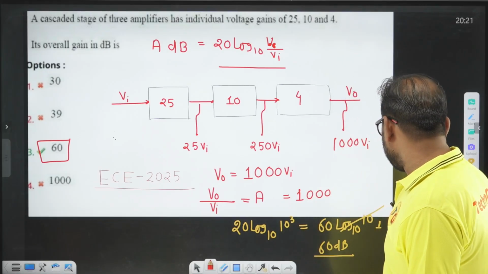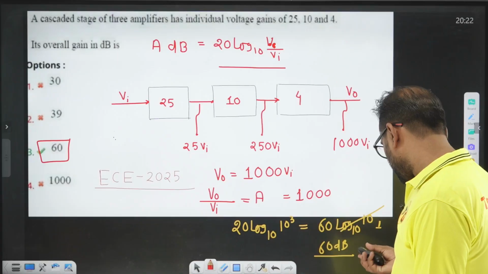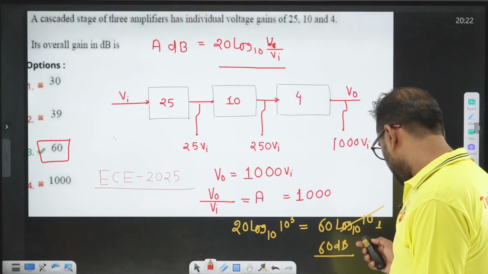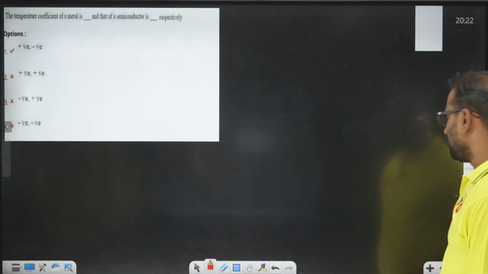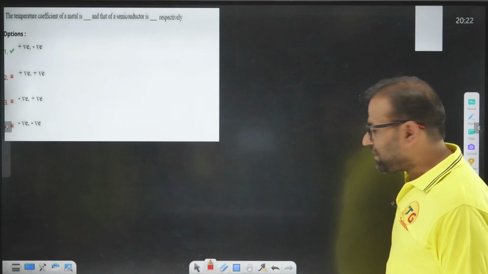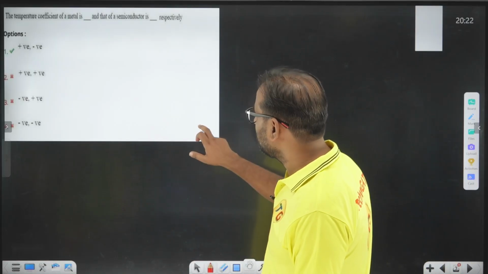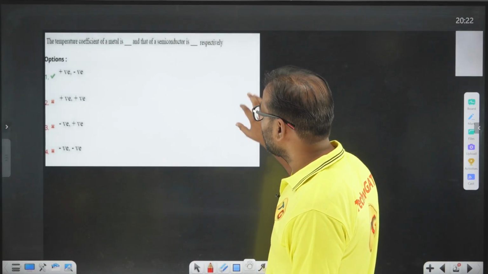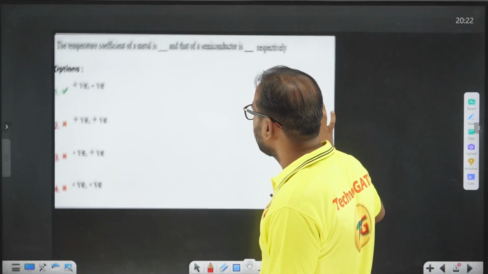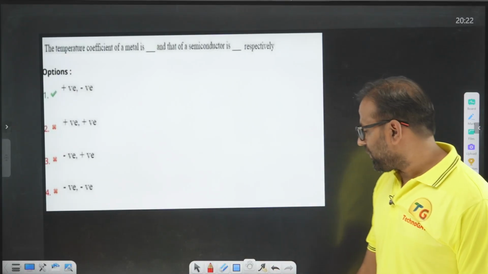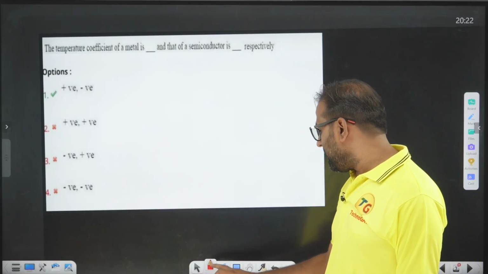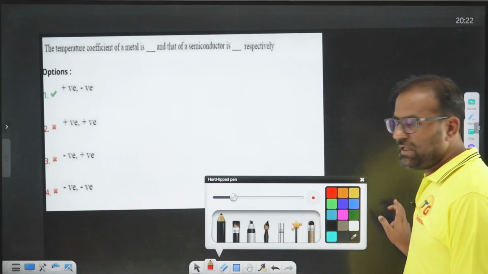What next question is saying? Next question is about the temperature coefficient of a material. So what is the meaning of temperature coefficient of a material?